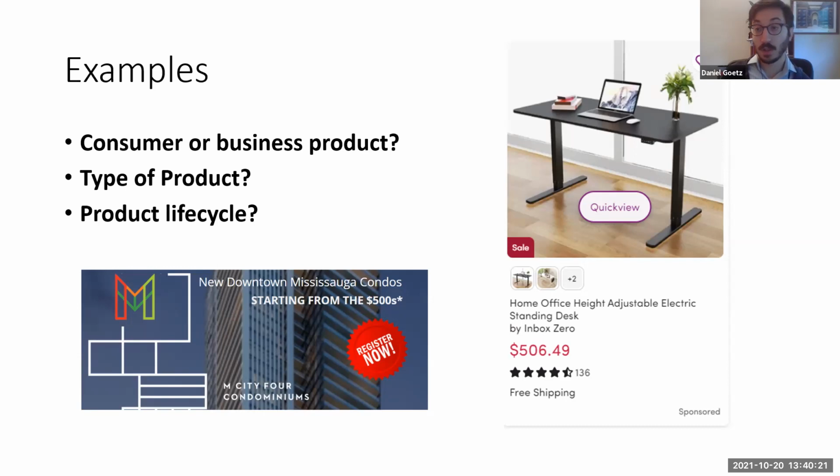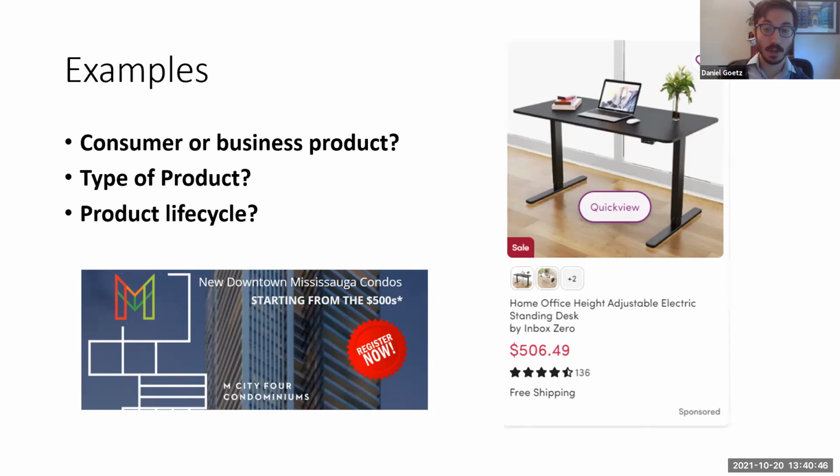Product lifecycle, we can definitely say that this is in the new and growth phase. So here we're thinking focus on need recognition. So what needs does this address? Not just working from home, being a desk, but also, being maybe a healthier, more flexible alternative to working from home.